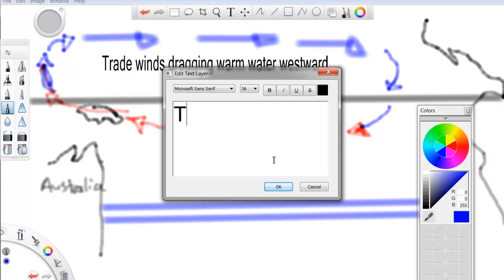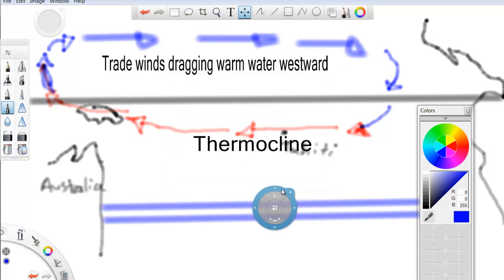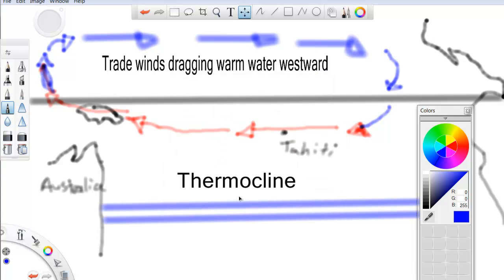We have thermocline. A thermocline is a layer of water in an ocean or certain lakes where the temperature gradient is greater than that of the warmer layer above and the colder layer below. And we're going to move this guy down here.